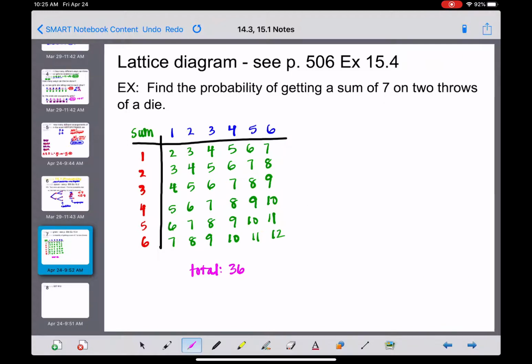And so then if we want to know the probability of getting a sum of 7, you could use that notation. How many 7s do we have? So there are 6 7s out of 36, so we would have 1 out of 6. So it's the number of 7s divided by the total number of sums that we have.